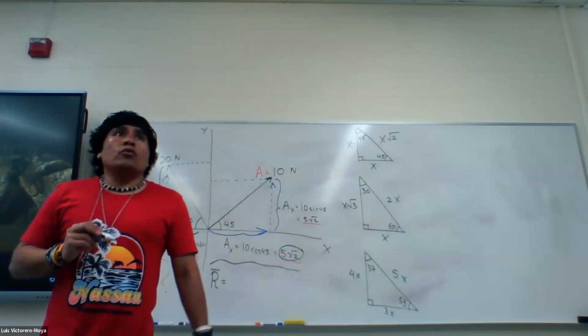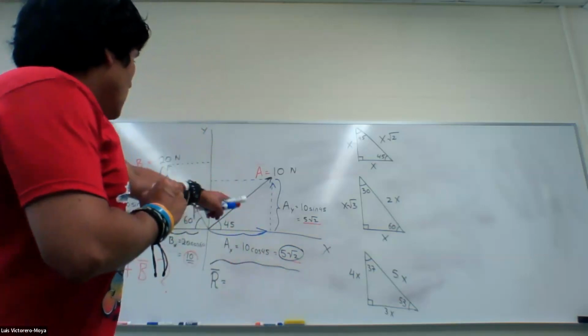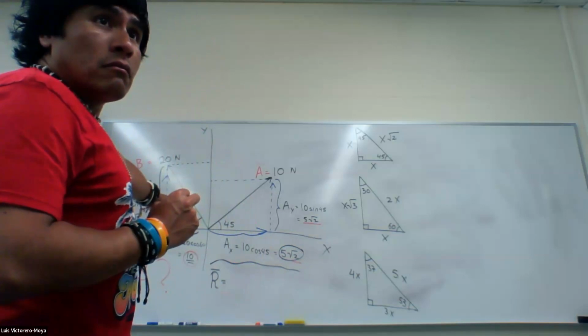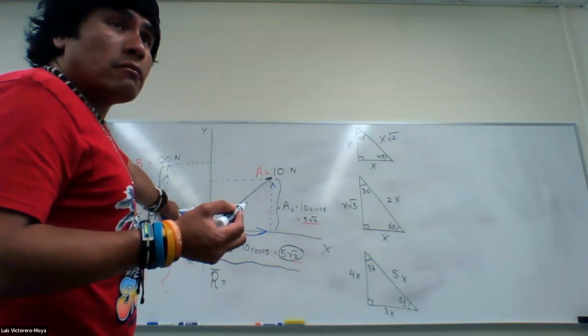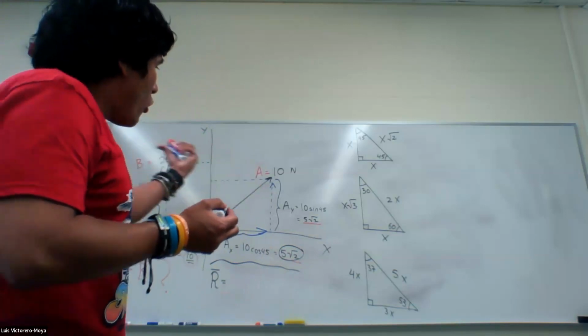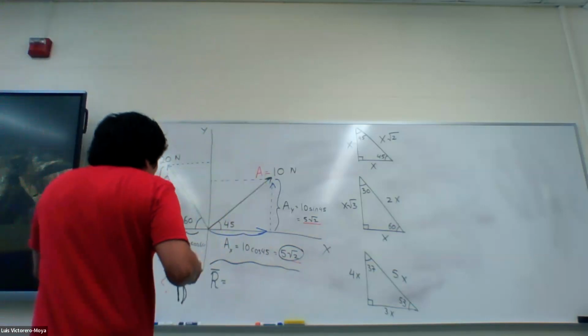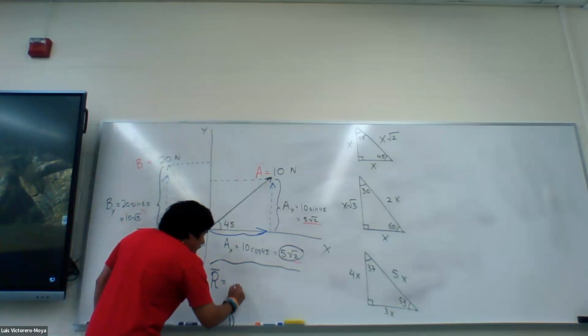Now, 5 root 2 is approximately 7. Minus 10 will be negative 3. So that means that there is more force going to the west than to the east. So you can say that this is negative 3 i.